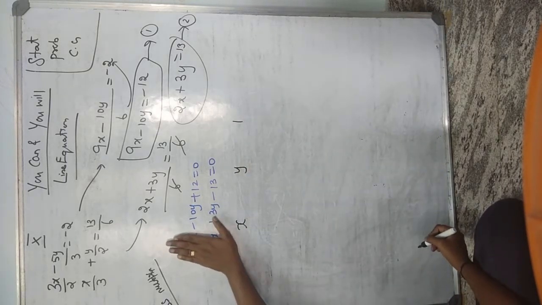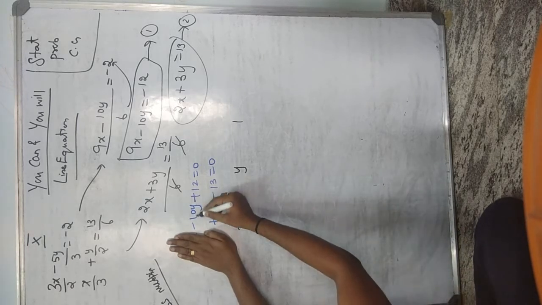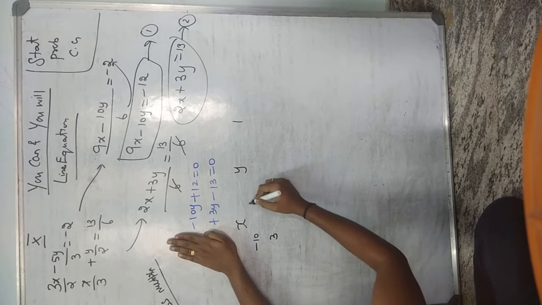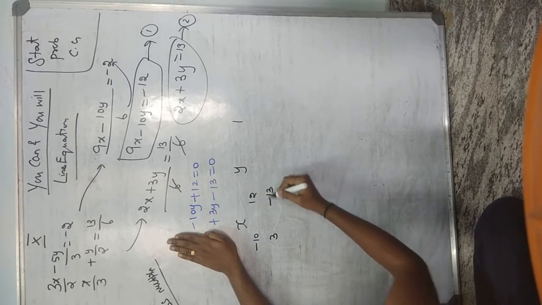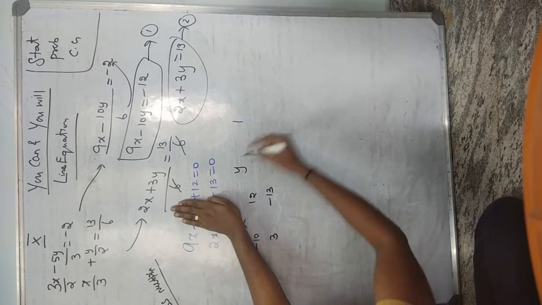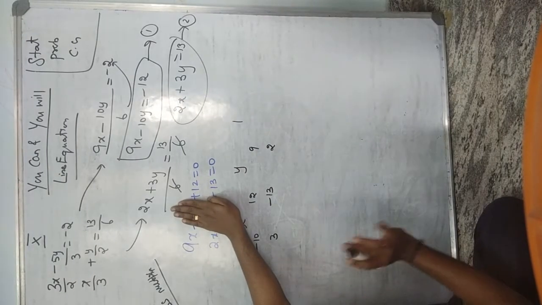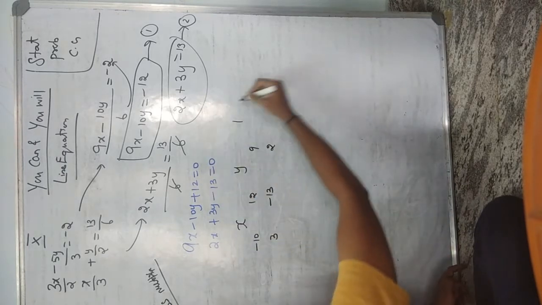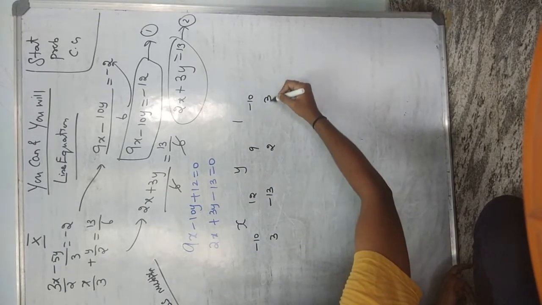Now close the x coefficient. What are the numbers? y coefficient is minus 10, 3. Constant is 12, negative 13. Next, close the y. x coefficient is 9, 2. That's it. Now copy the numbers minus 10, 3, as it is, for all the sums.